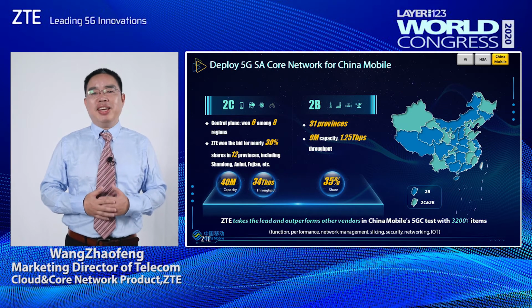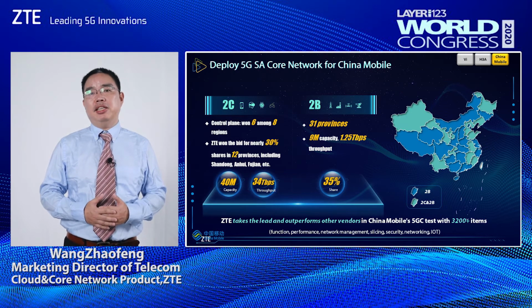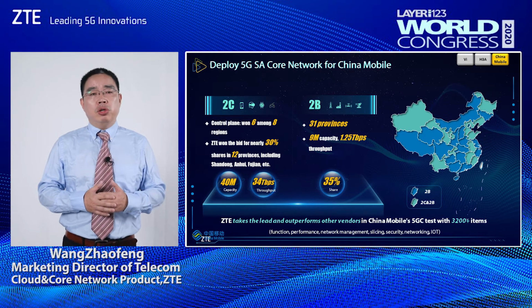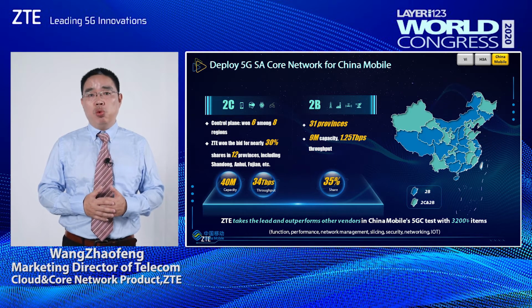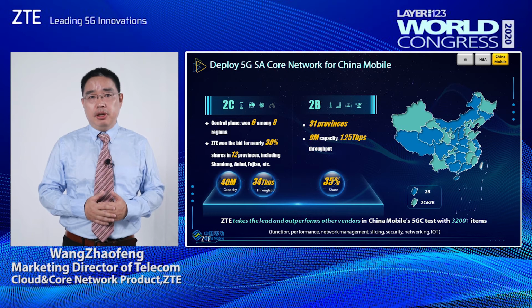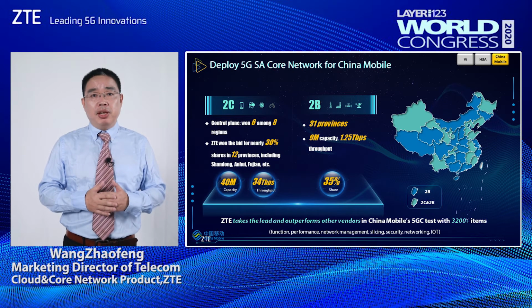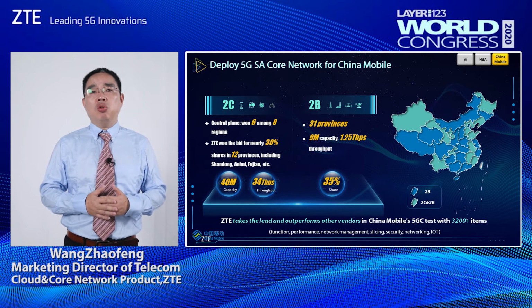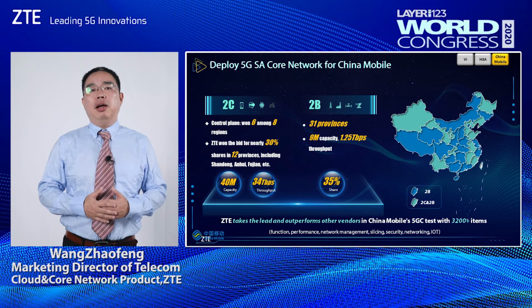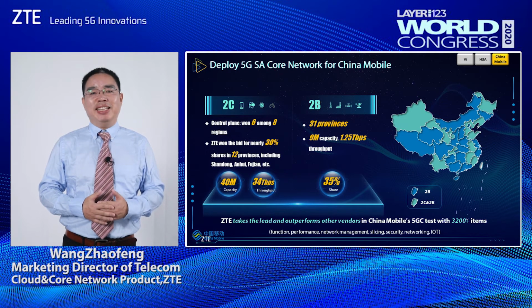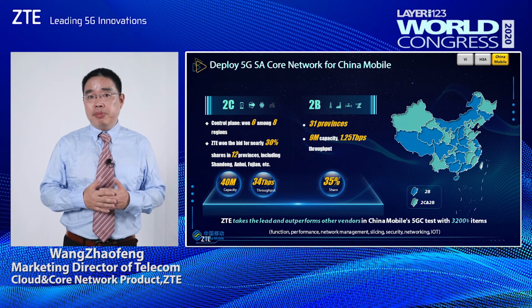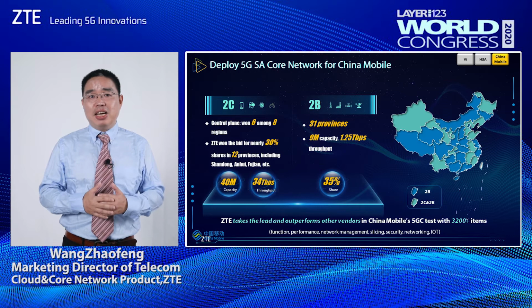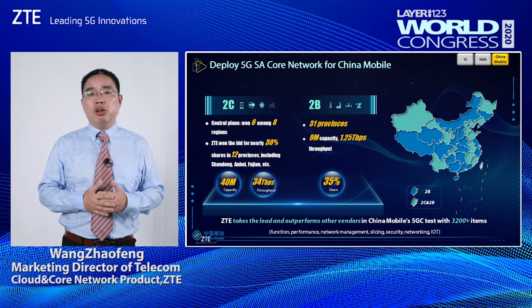For the industry-oriented to-business network, ZTE won the bid for 35% shares in 31 provinces, which demonstrated ZTE's industry-leading strengths in the 5G standalone core network. After this project is completed, it will become the world's largest 5G standalone network.